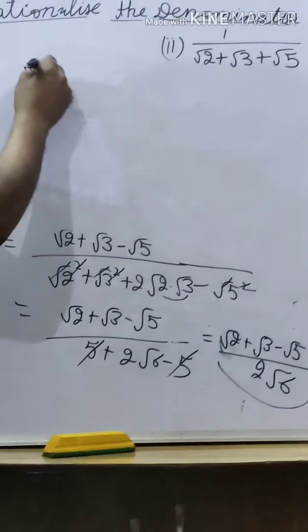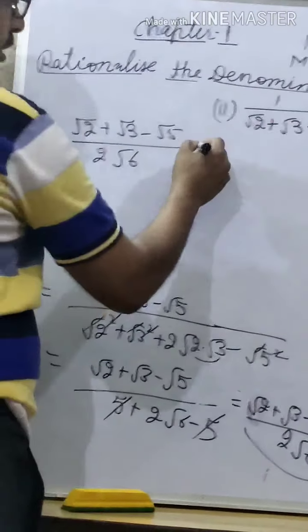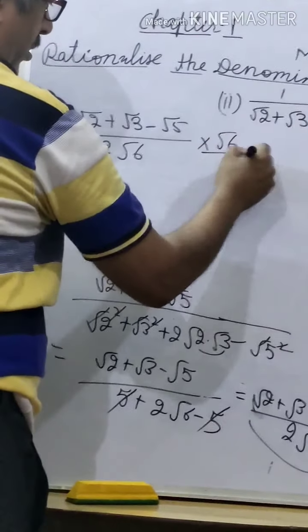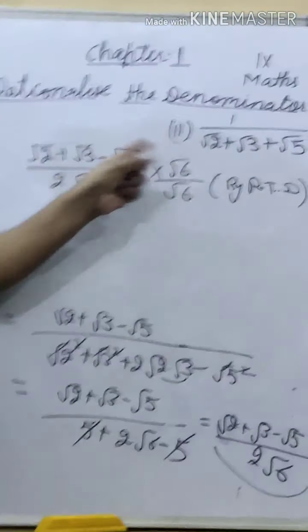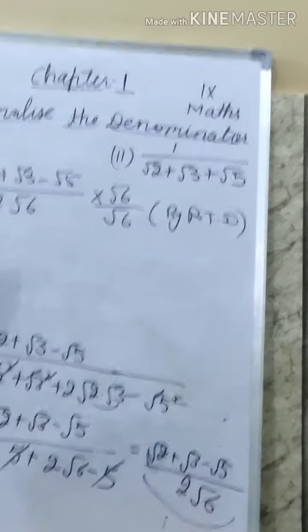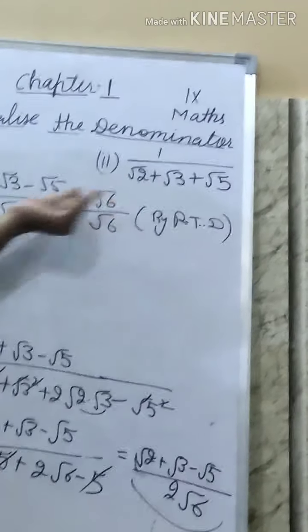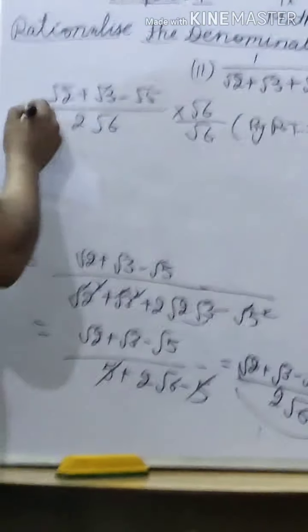So what you will do? Again, you will rationalize the denominator. So again you do by RTD. You can multiply and divide by 2 root 6, or a single term also you can take, root 6 upon root 6. There will be no problem.